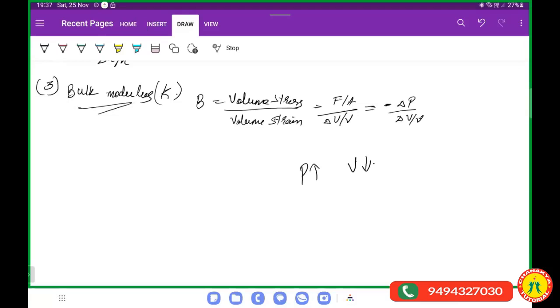This sign comes to make the bulk modulus positive. There is no other specific reason for that. Just simple, I want the answer to be positive.